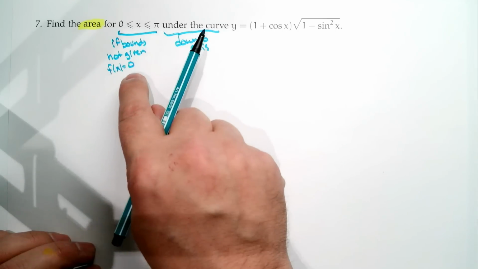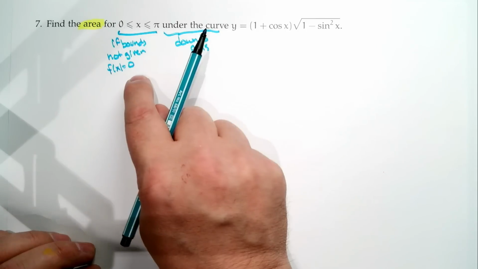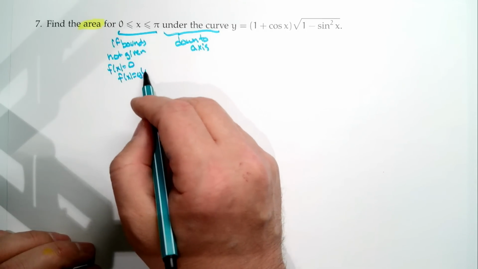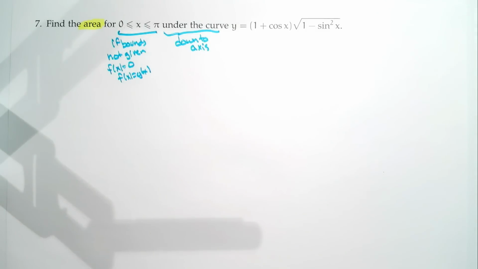Because you can always think of your other function as being the function 0. If it's 2 functions, you say, well, when do the 2 functions cross? So if your bounds aren't given, just keep in mind that means you have to provide the bounds. And oftentimes, you also have to do the extra step in saying which one is larger. So that's not too bad. I hope. We'll find out.